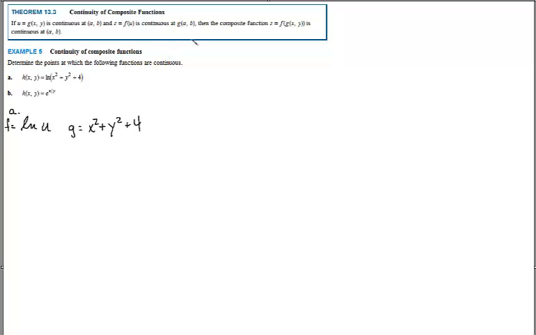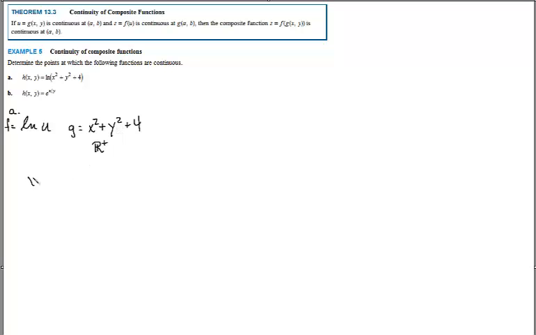and this definition here tells me that I need to look at each one independently. Well, g is definitely continuous. It's a polynomial. It's continuous all along its domain, so g is continuous everywhere in R. This, however, is only continuous as long as u, which happens to be this right here, is greater than 0.